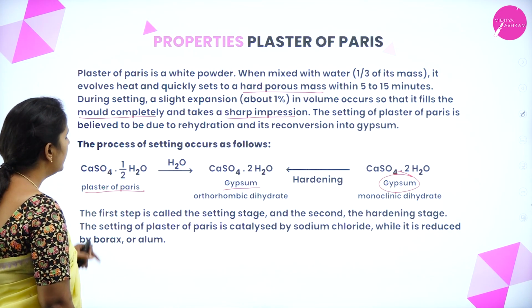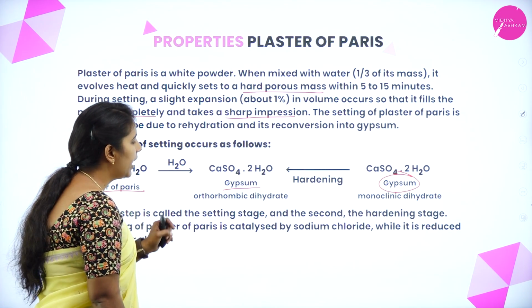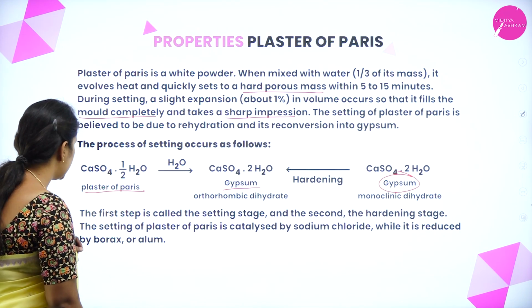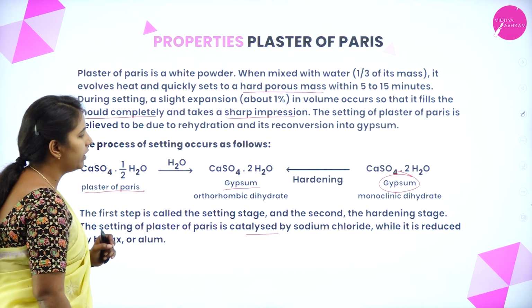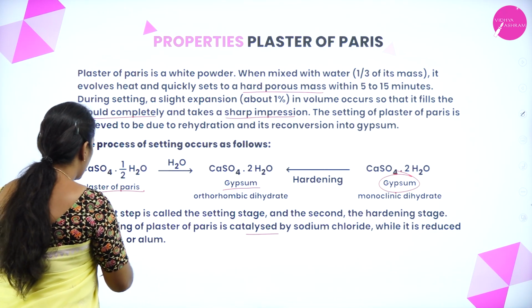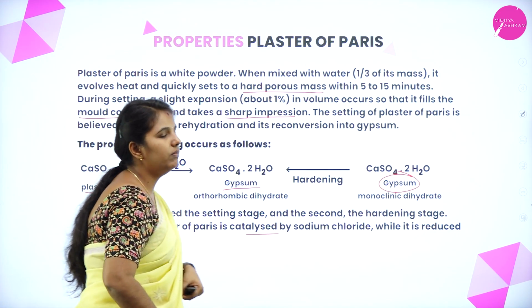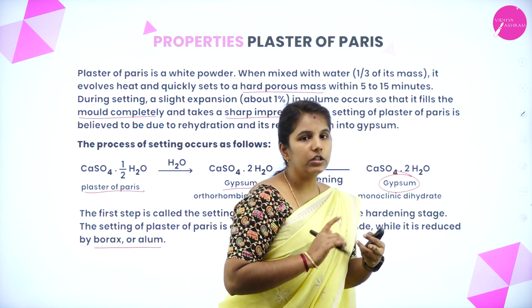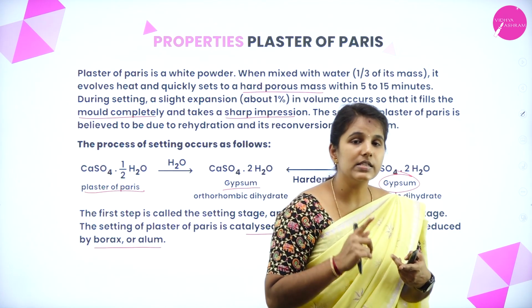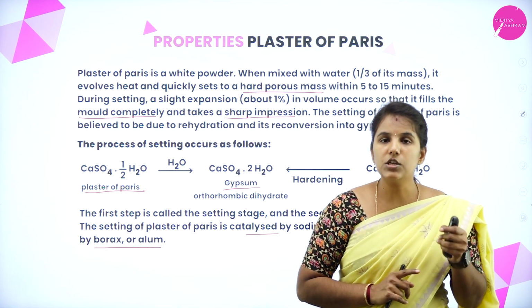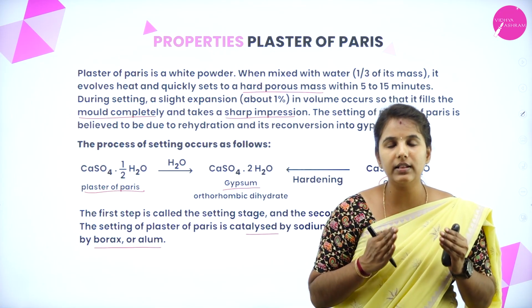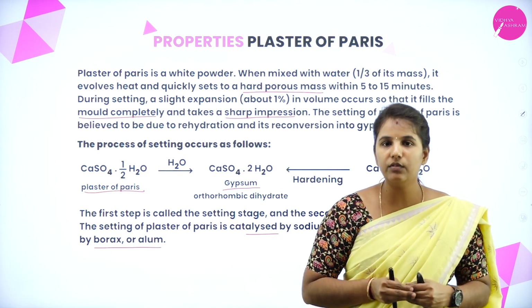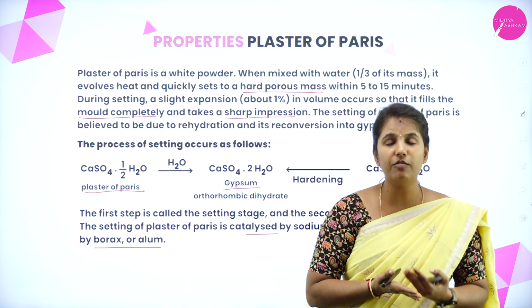In the first step, it is called the setting stage, and the second is the hardening stage. The setting of plaster of Paris is catalyzed by sodium chloride, which reduces the borax or alum formation. So the first step is the setting, the second step is hardening. Already during the preparation I explained that if you take the gypsum and add water, it will become plaster of Paris.